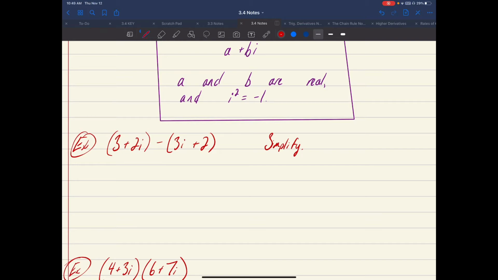So this would be 3 + 2i - 3i - 2. Combine our terms: 3 - 2 is 1, and 2i - 3i is -i. So that would be the simplification. We're just treating it like a variable. We didn't have the i squared in that one, so we don't have to work with that. That was pretty easy.